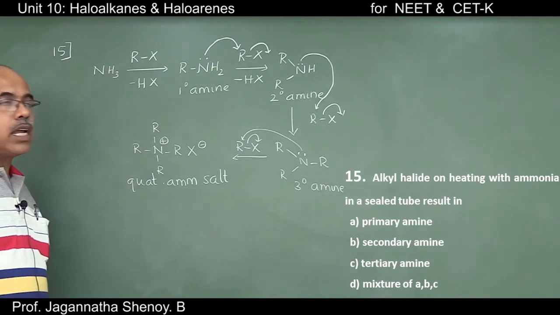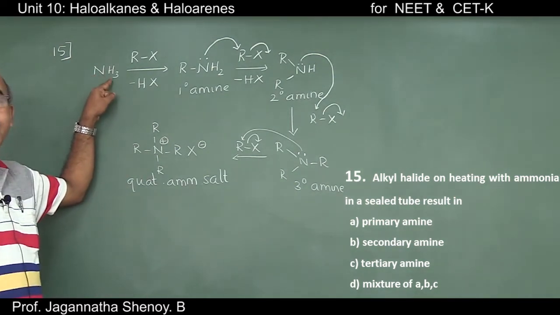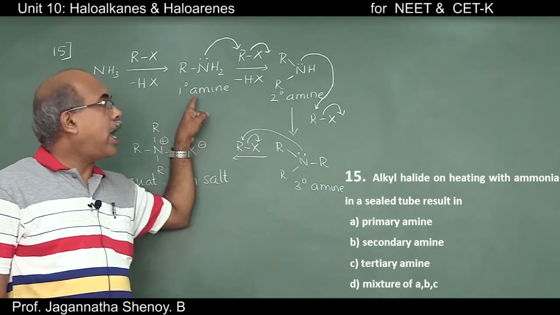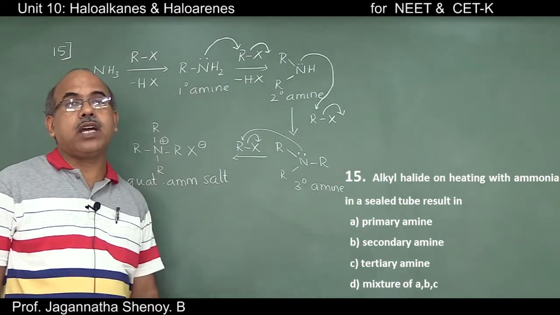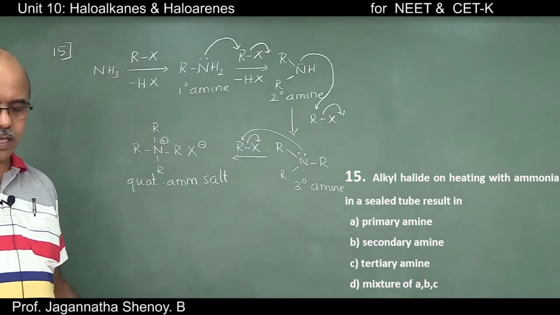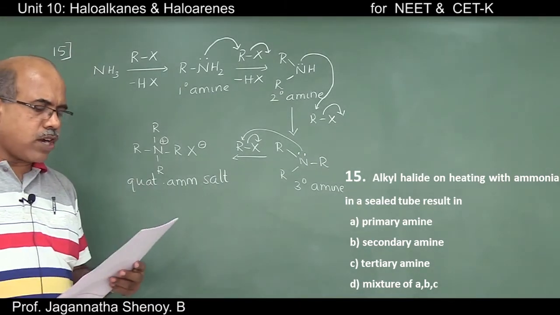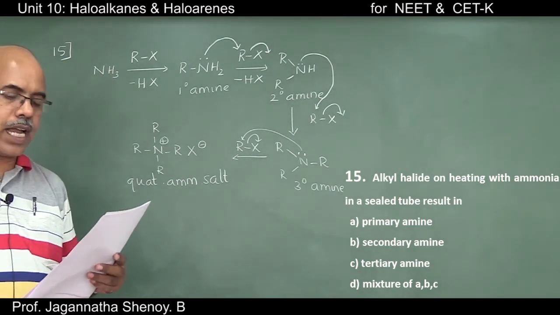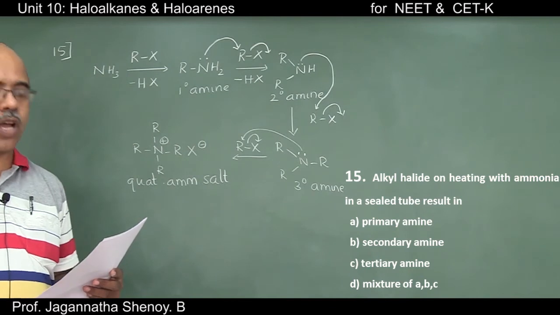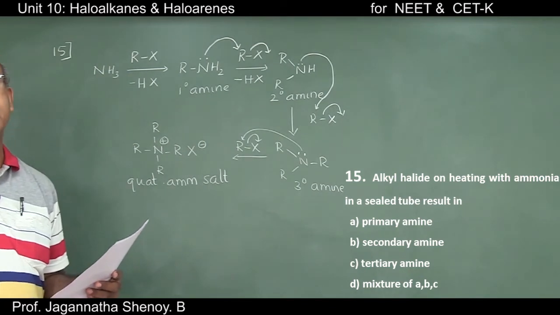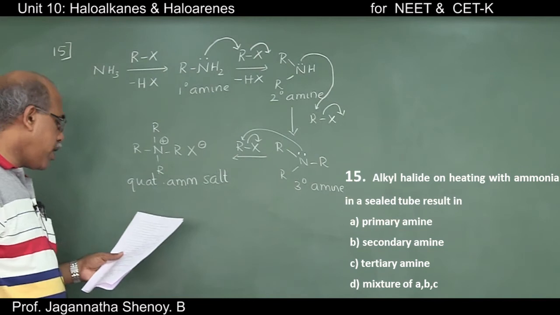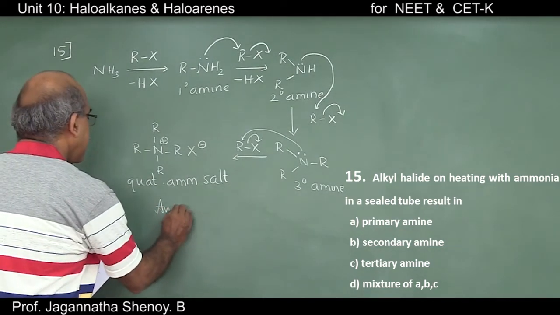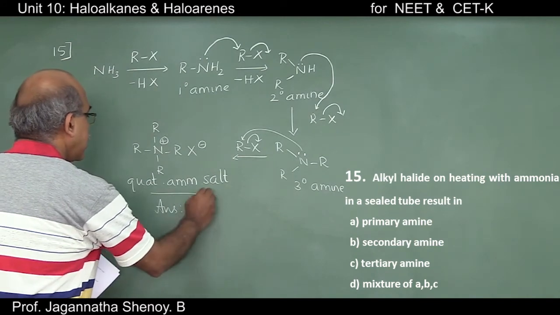On the other hand, if I use ammonia in excess, the reaction stops at the primary amine stage and primary amine will be the exclusive product formed. When you read this question, they have not mentioned anything about the relative quantities. As a result, I have to get a mixture of primary, secondary and tertiary amine and also quaternary ammonium salt. That's why the answer for question number 15 must be option D.